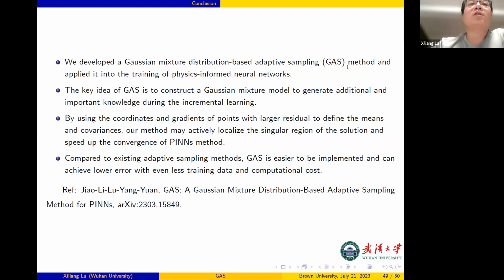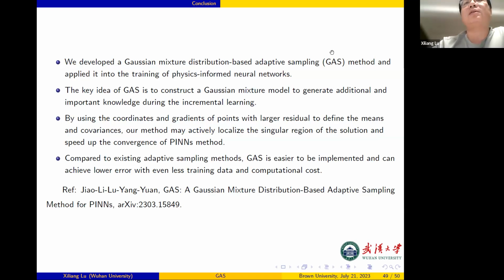In all this talk, we developed a Gaussian mixture distribution-based adaptive sampling strategy. After we have this adaptive sampling method, we just use the PINNs in the same way: we have the cost function, we have these sample points, and we use stochastic gradient descent to train, and all the other things are the same as PINNs.